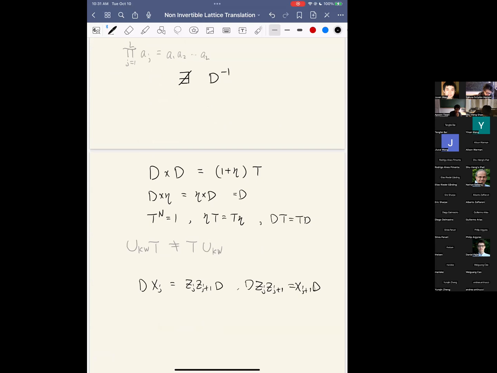This D is a non-invertible operator. And at g equals 1, it's a non-invertible symmetry of the transverse field Ising model because it commutes with the Hamiltonian. However, if you go away from the critical value, it will no longer commute with the Hamiltonian.